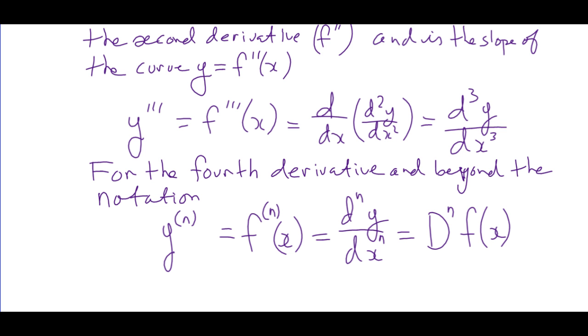Otherwise it becomes like y to the fourth, and that would be really confusing. So it needs to be in brackets. The fourth derivative would be y bracket 4 bracket, or f bracket 4 bracket, etc. This notation is fine, and d4y dx4 is also fine. Those are more specific derivative notations, whereas y to the n could be y as a power of n.